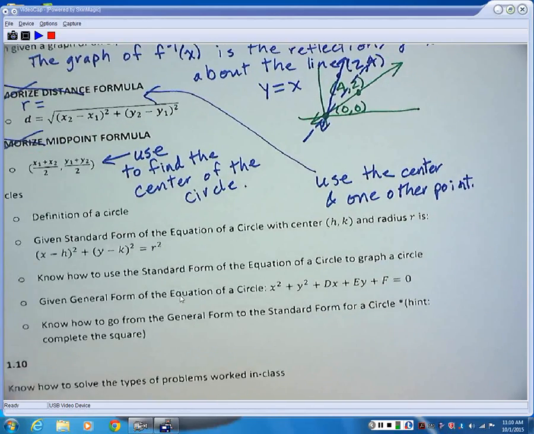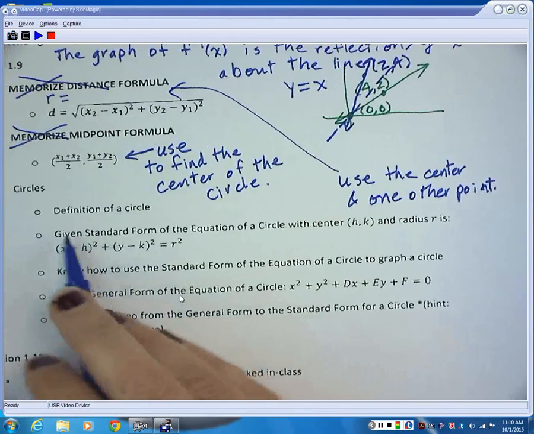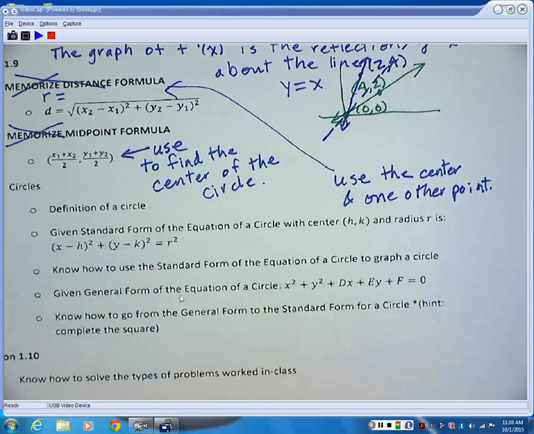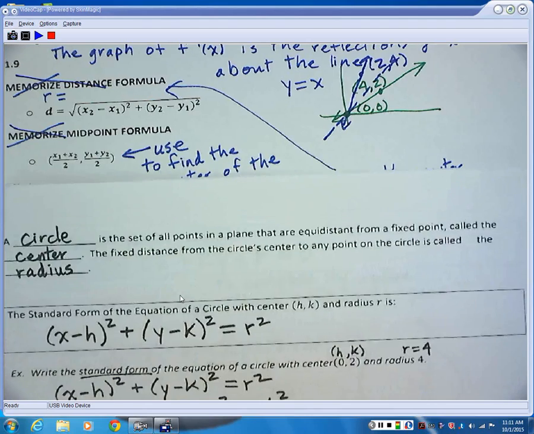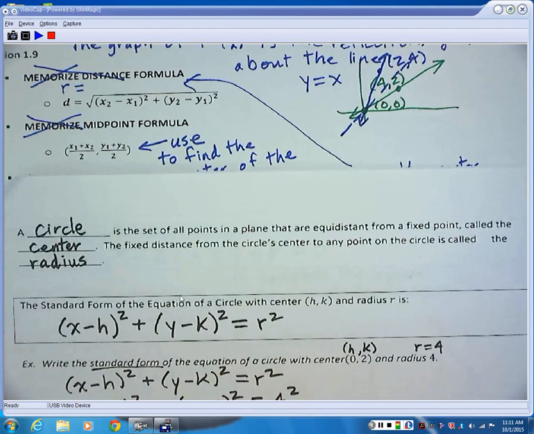So, okay, here's the definition of a circle. You need to know that. That might be something that might be on the first page.